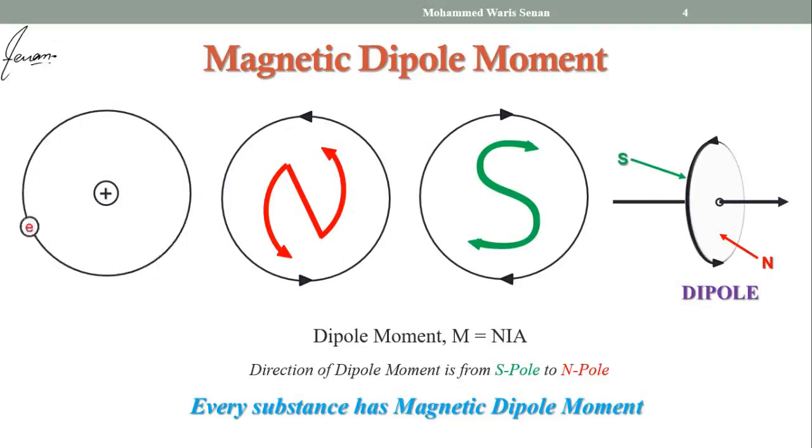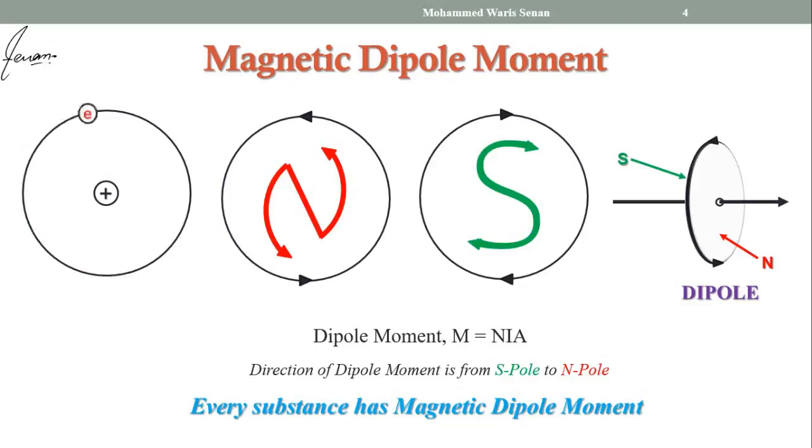This is the dipole moment which is because of the motion of the electron around the nucleus. There is another type of dipole moment present inside an atom, and that dipole moment is because of the spin of the electron on its axis. And the spin dipole moment, which is due to the spin of the electron, is stronger as compared to the orbital dipole moment.